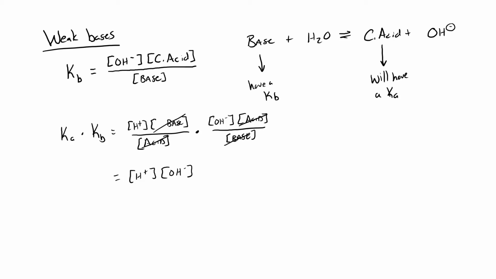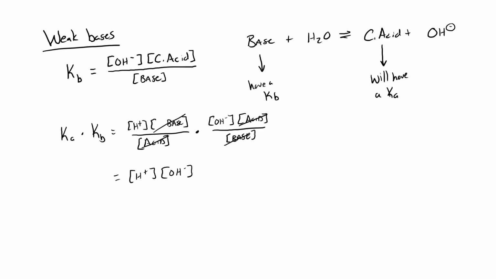This is one of those values that I'm hoping you recognize. We talked about it quite a bit: concentration of H+ times concentration of OH- is, of course, Kw, which is 1 times 10 to the negative 14th. So Ka times Kb equals Kw.